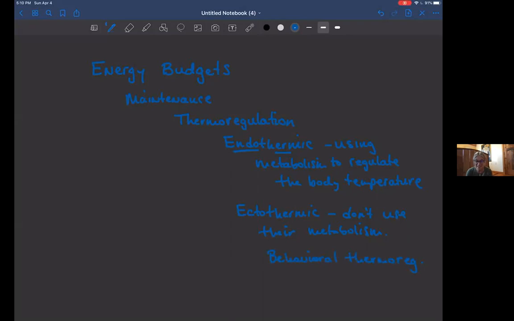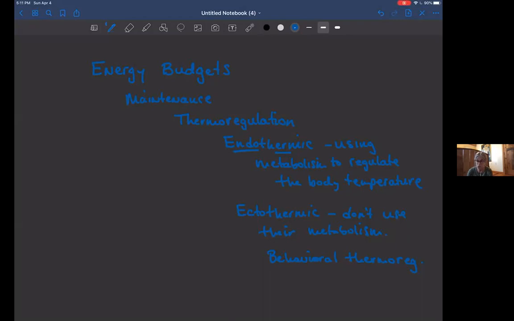And so this means that they can say, for example, if I'm a snake, I can go and lay on a hot road and I will become hot-blooded, right? So that will allow me to be able to move around in my environments and utilize resources that I wouldn't be able to do if I was very cold-blooded, right? So ectothermic organisms use other mechanisms for regulating their body temperature.